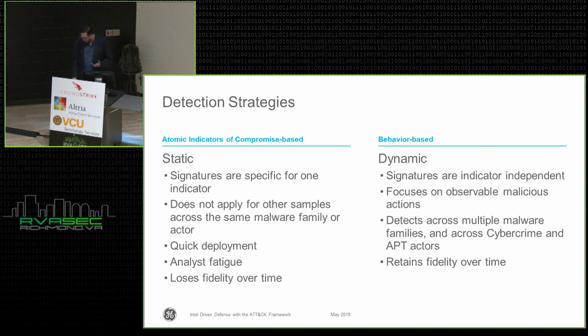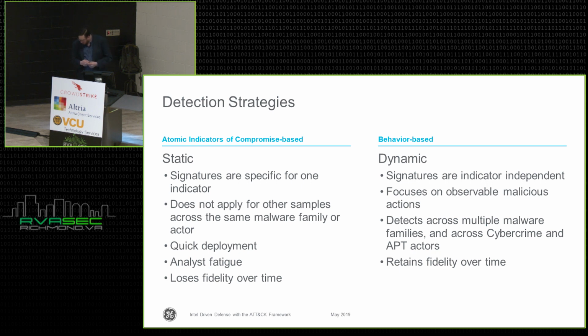The behavioral-based detection capabilities allow for a more robust signature base, and these are able to detect malicious actions regardless of whether it's an APT actor, a cybercrime actor, if it's commands being executed by a script, or if it's hands-on keyboard. It doesn't matter how the behavior is occurring, to an extent. So indicator of compromise-based detections, as I mentioned, can result in a large signature base.